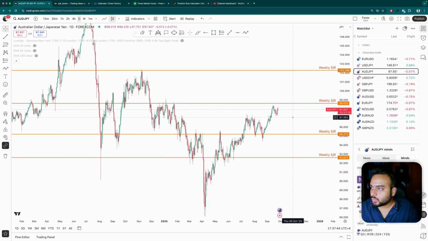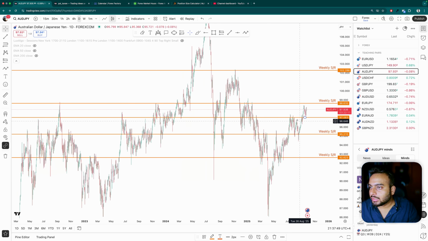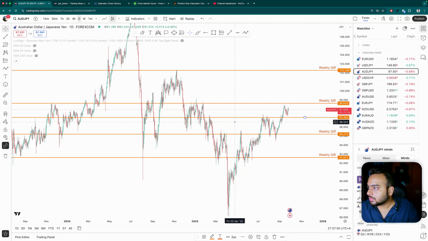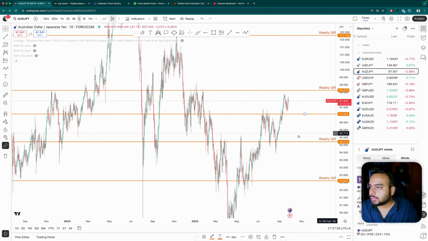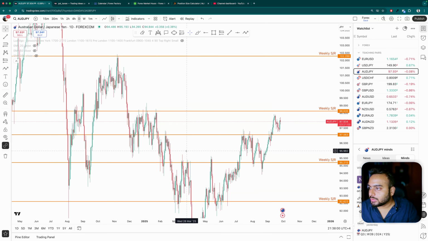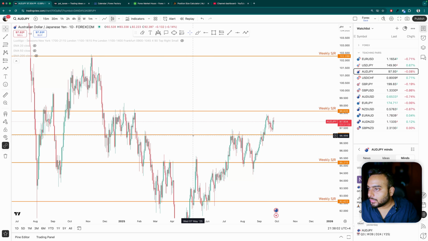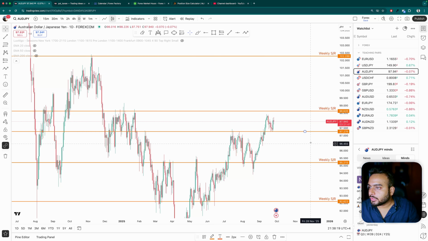So I see a swing right here, the market is doing a nice swing from this place. Let's zoom in to make it better. So we can see one, two, three, 4, 5.